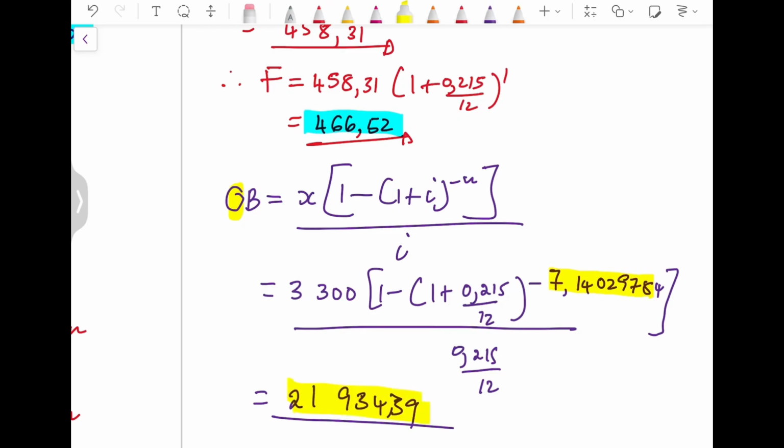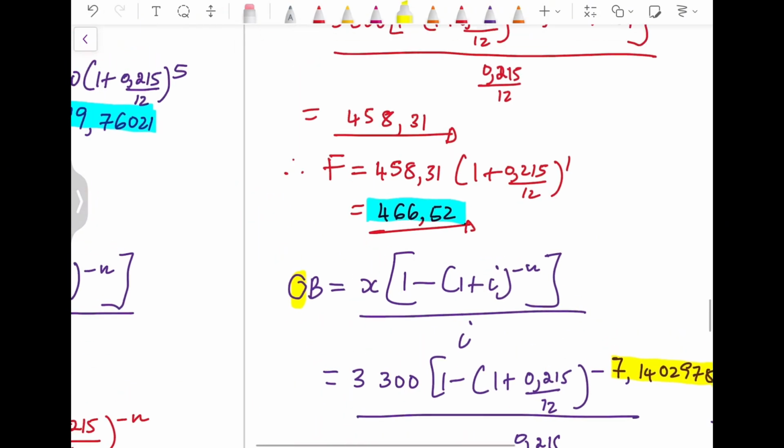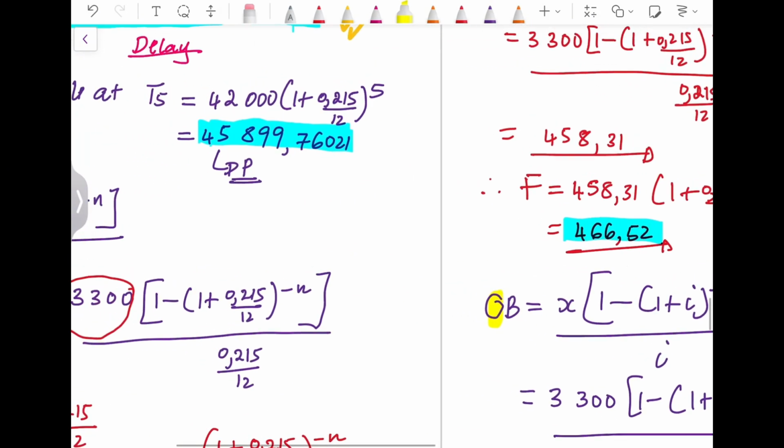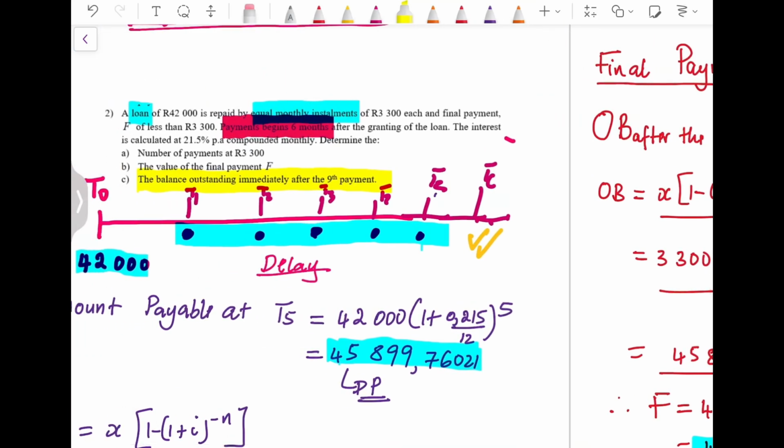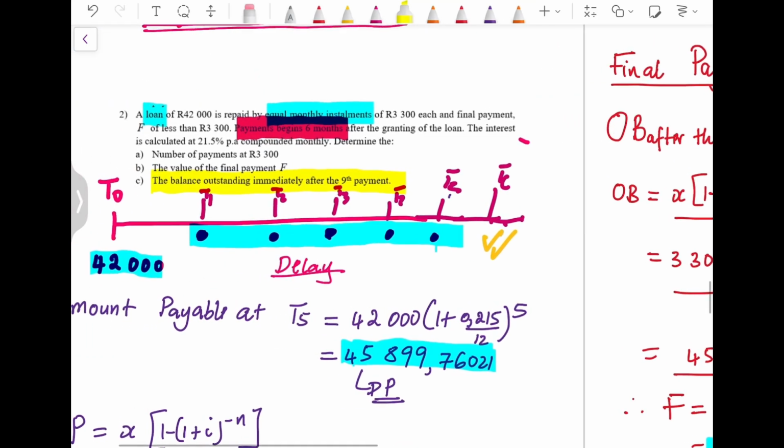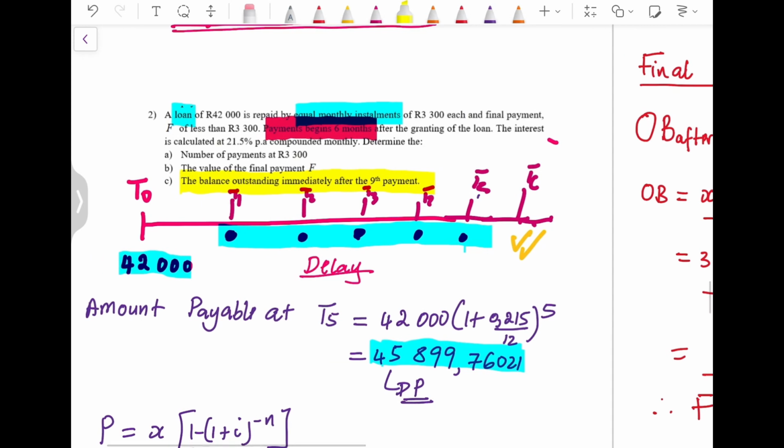So that is how you accommodate delayed payments. So the only thing that is affected by delayed payment, yes, it will be your N as well as what? As well as your P. Because now you can see that our P, we did not use 4,200, but we had to find the amount payable first. So this person started paying after 6 months.